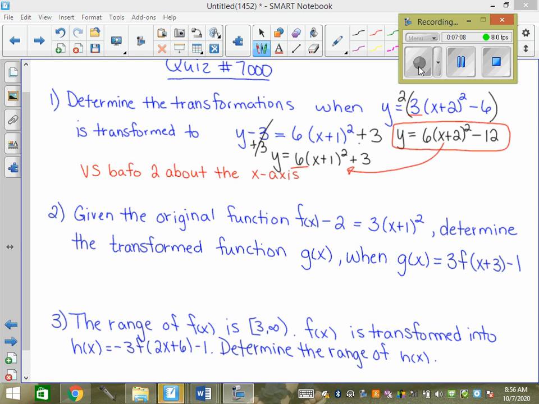I'm at -12. I need to get to +3. What am I doing? Where am I going? Up? How many? 15. So vertical translation, 15 up.